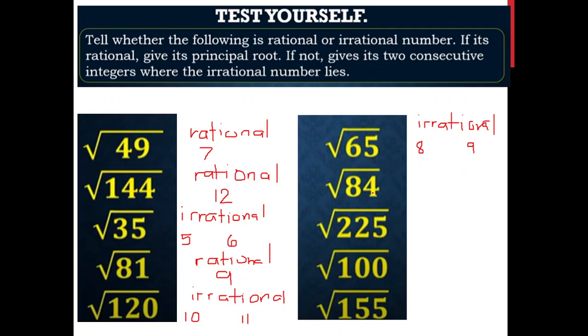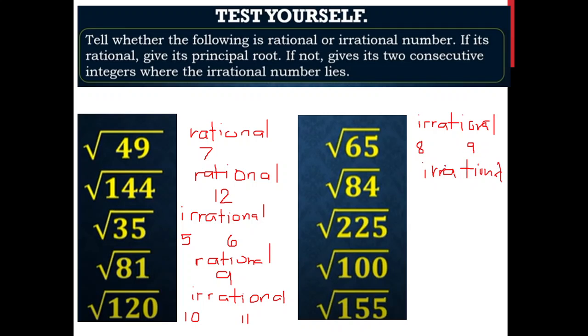Next, the square root of 84. Is it a perfect square or not? Again, the square root of 84 is not a perfect square, therefore it's an irrational number. So where does the square root of 84 lie?